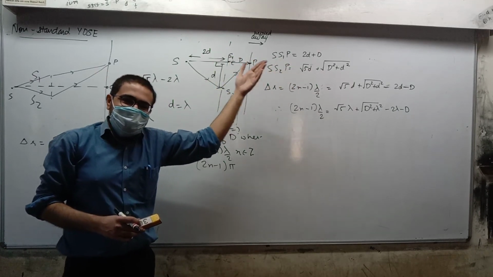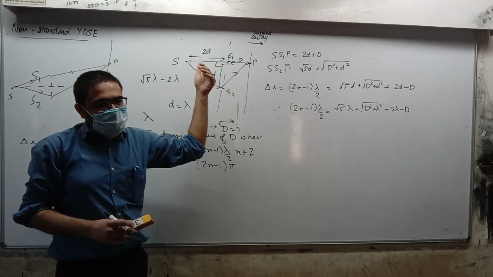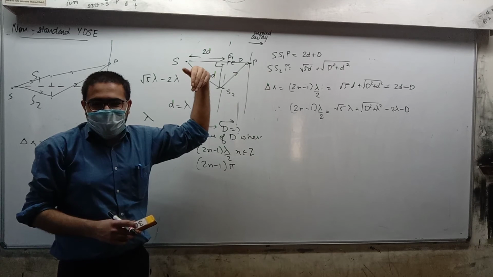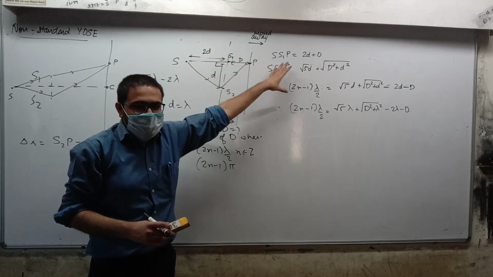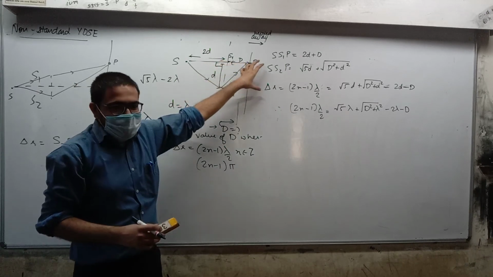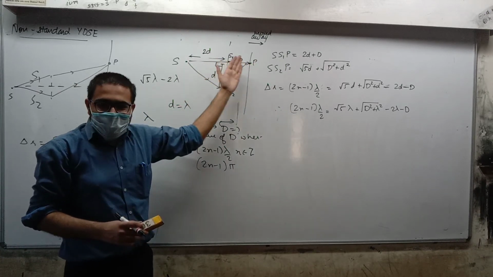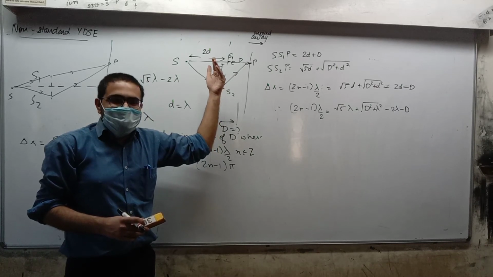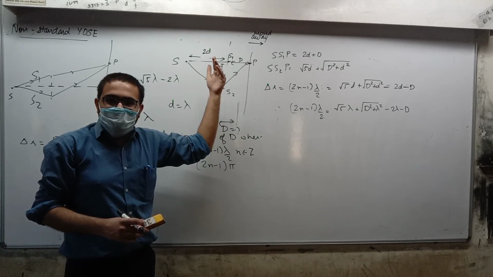If it comes closer from infinity, what happens? At infinity this path difference will become 0, because the rays become parallel. So gradually as it comes close the path difference is going to increase. Understood? The path difference is going to increase.